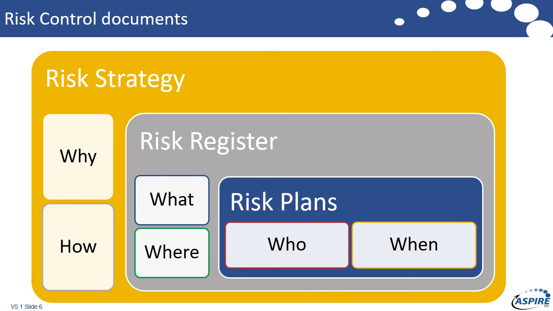Then we want to think about your control documents, and there are basically 3 control documents. If you're setting out on a new program, or if you're taking one on, you should have a risk strategy that sets out how that program will manage its risk and why. What are the processes that it's going to use? What are the interfaces? What's driving that program? The context.